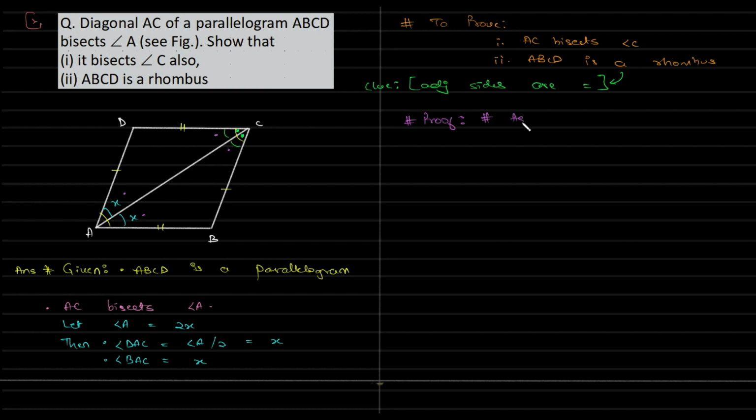As DC is parallel to AB, angle DCA will be equal to angle CAB, which is equal to x, by alternate interior angles. This is so because ABCD is a parallelogram. I think writing over here will make a bit more sense.